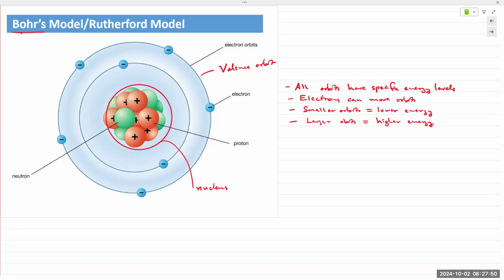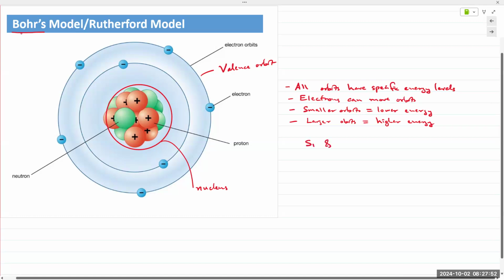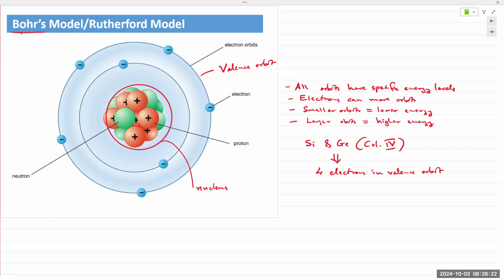When we talk about silicon and germanium and column 4 compounds in general, you have 4 electrons in the valence shell, or the outermost orbit. So silicon has 4 in its outermost orbit.